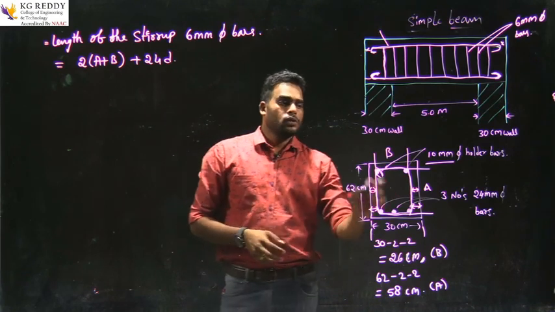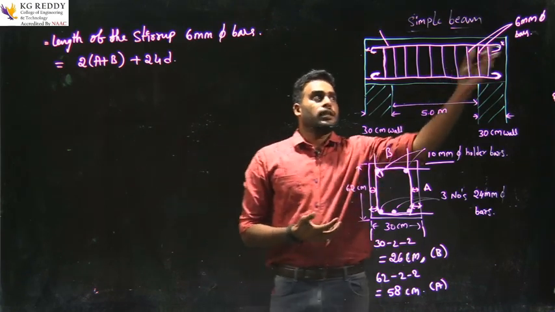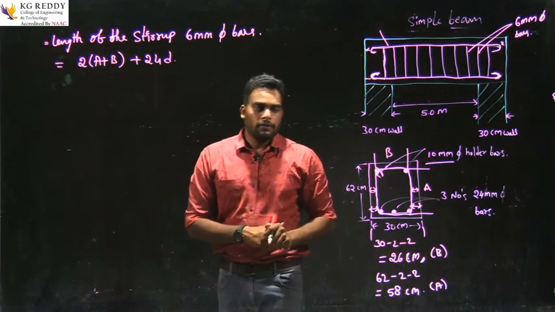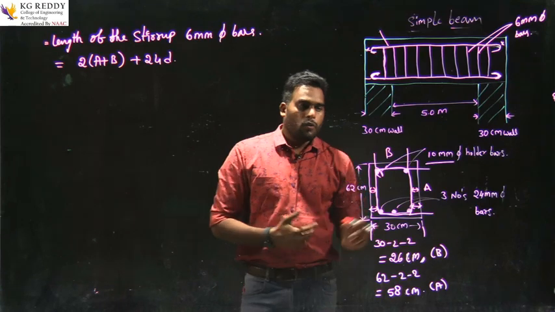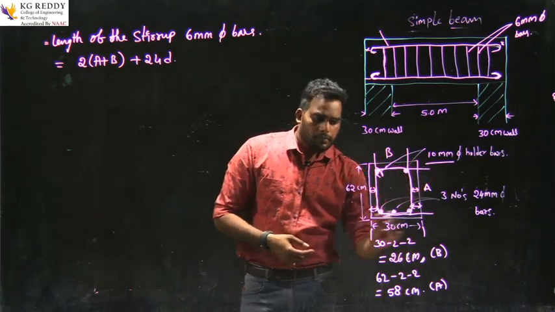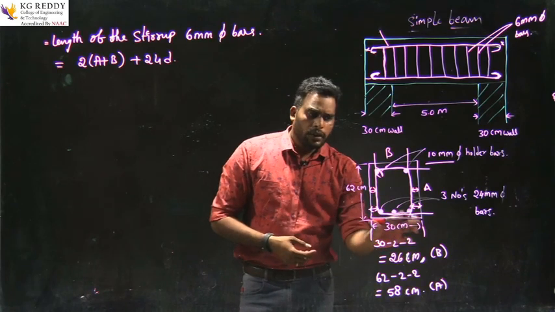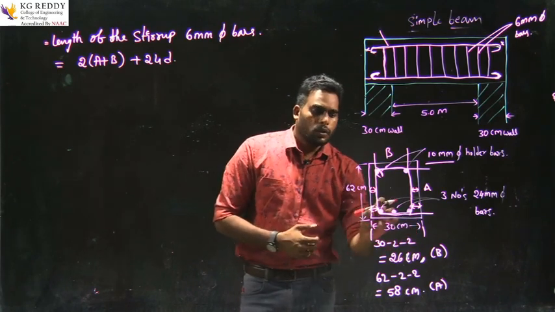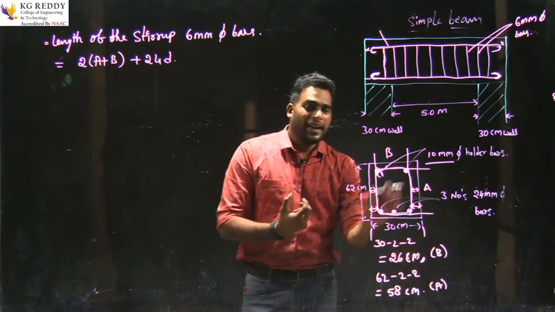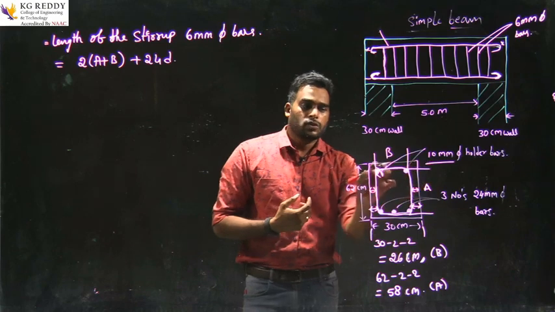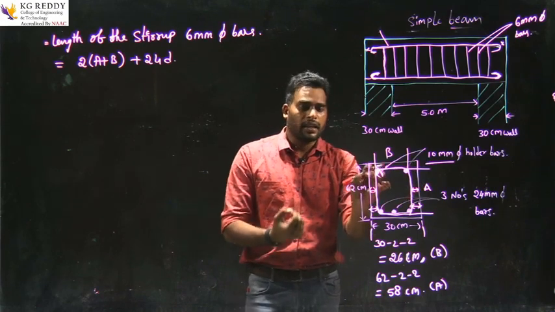So how much is the diameter given? The diameter is 6 mm. So we need to substitute all the values in the formula. What is the a value and what is the b value here? The width of the beam is 30 centimeters, right? We need to find only this much length. We don't want this additional length, which is called the end cover.